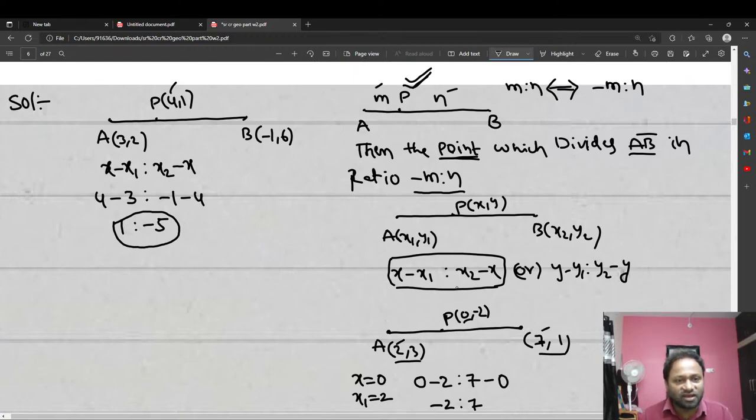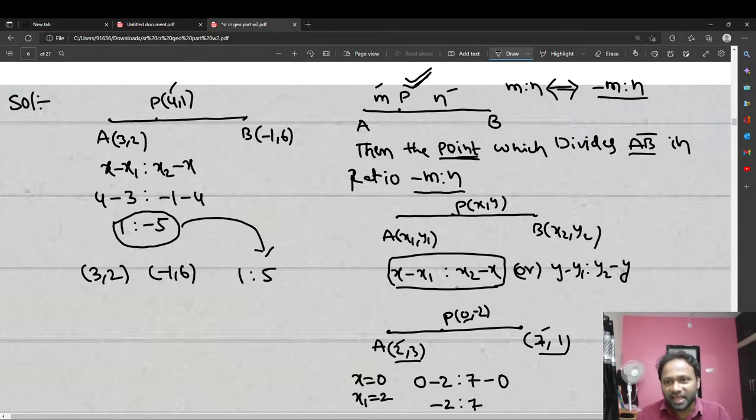First of all, the points 3 comma 2 and minus 1 comma 6. From this, what will be the ratio? 1 is to 5. Negative was given, I had written positive; negative is there, I have taken it as positive. From this, we can get the harmonic conjugate.